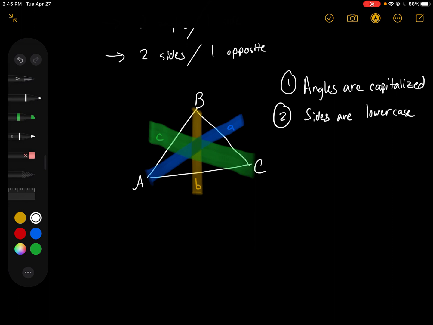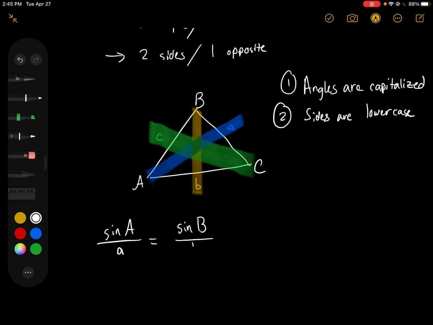In this case, our sides are lowercase. So b is across from B, a is across from A, c is across from C. So in this situation, we actually don't care anymore about opposite, hypotenuse, and adjacent. We're just looking for lowercase and uppercase A, lowercase and uppercase B, and lowercase and uppercase C. If we have those three things, we know enough to solve.